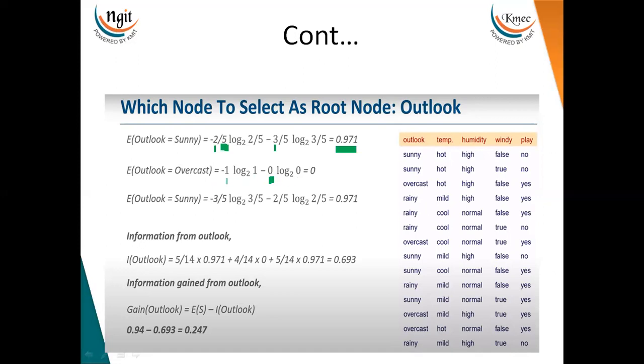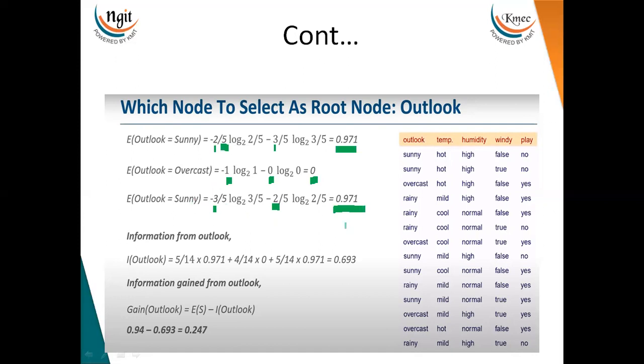For this, I'm getting the entropy as 0. I told you that it is the purest subset of my data set, which has all yes values, and that's why its entropy is equivalent to 0. Now for rainy, 3 are positive, 2 are negative, so I will get the entropy as 0.971.